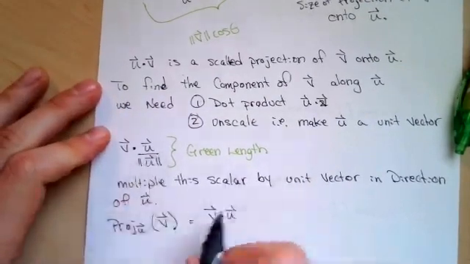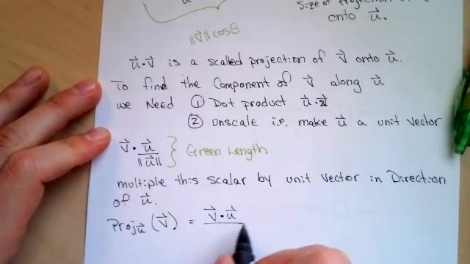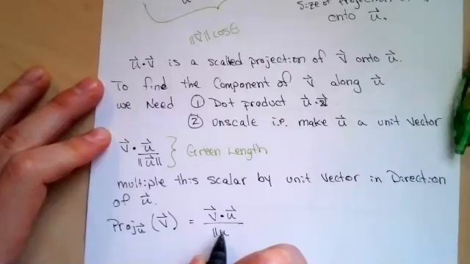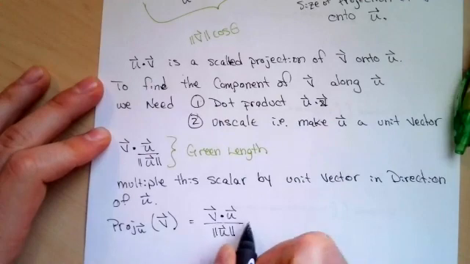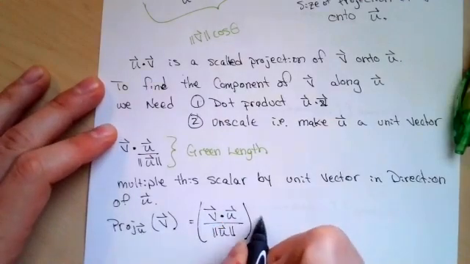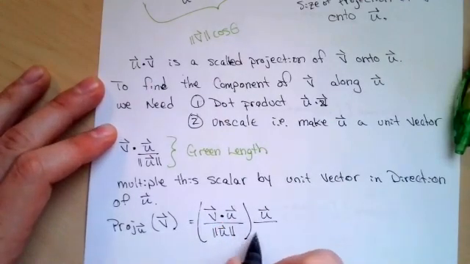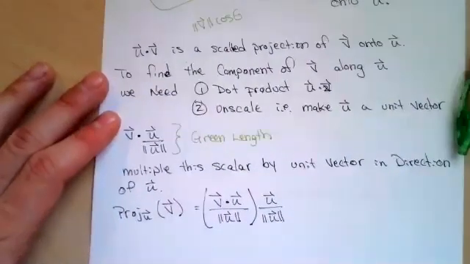Because this 1 over norm u is a scalar, we can pull it outside of the dot product. And then we are going to multiply by the unit vector in the direction of u.